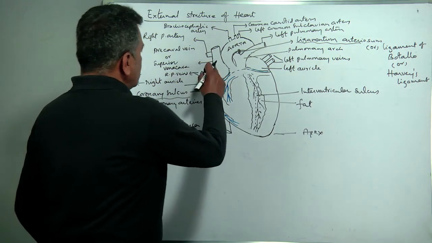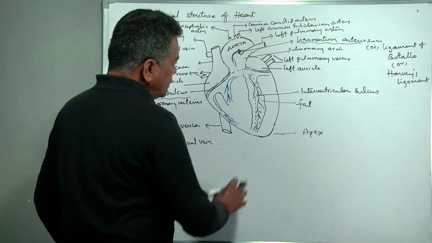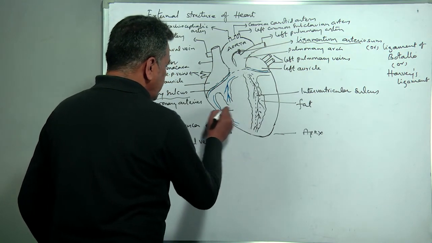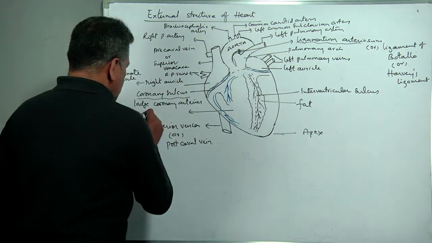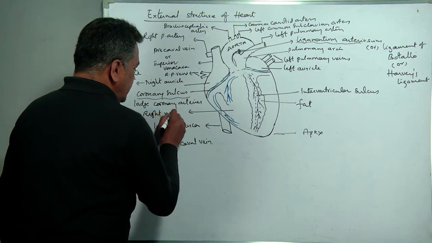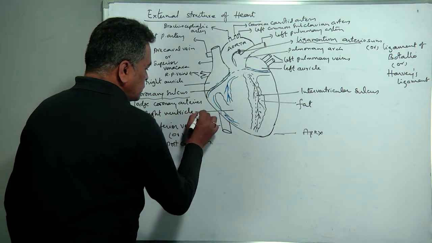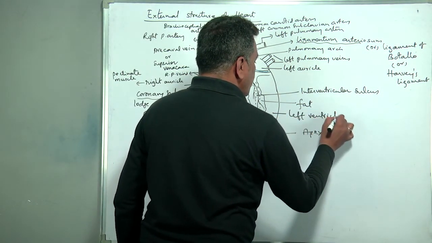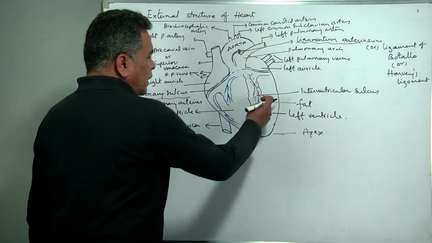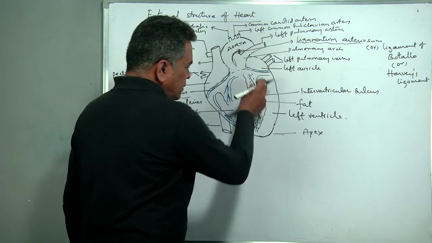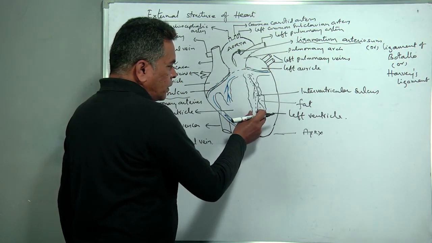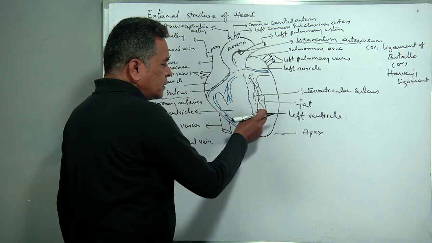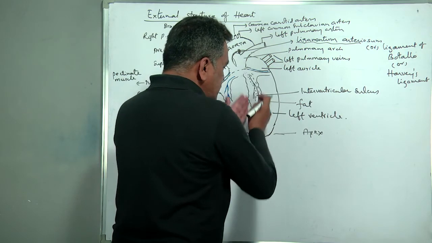Well, see, this is the superior vena cava, inferior vena cava, right and left auricles, this is the right ventricle, and this is the left ventricle. The left and right ventricles we can observe by the boundaries that look like a groove or sulcus.